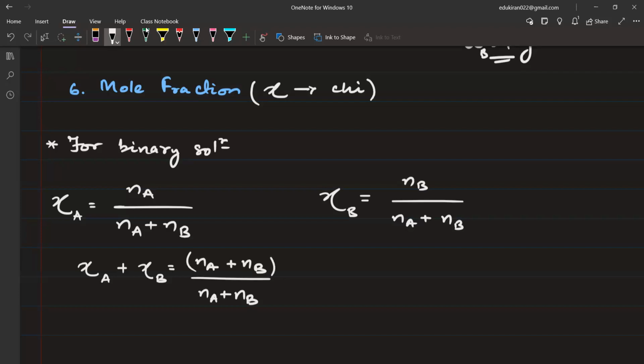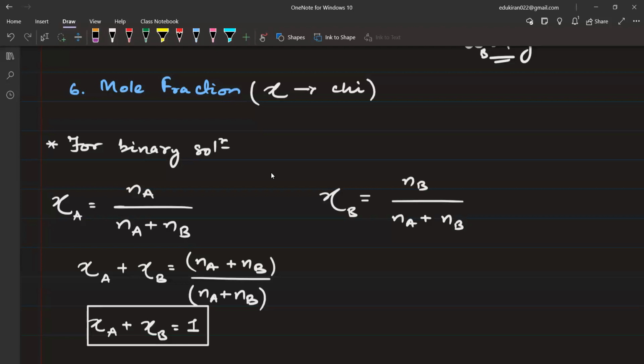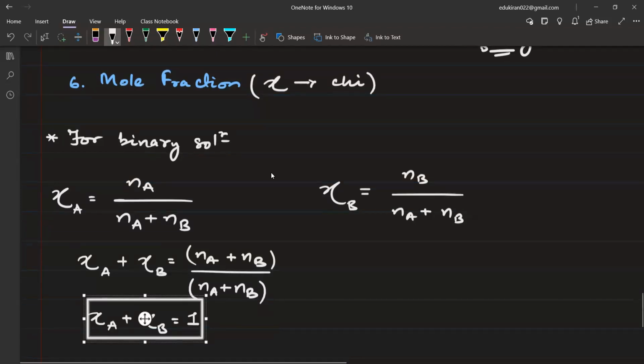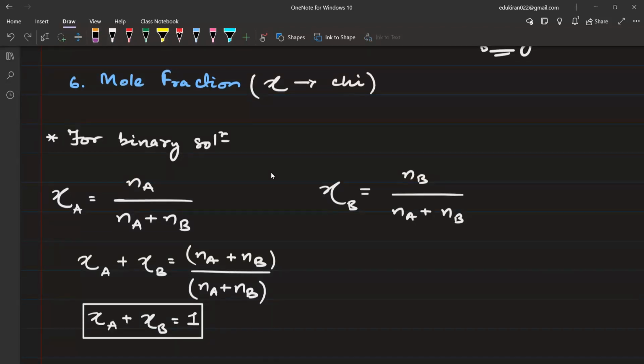Now, both of these values will be equal, so I can write chi A plus chi B will be equal to 1. Chi A plus chi B will be equal to 1. This is an important conclusion that we are going to use in many of the problems.